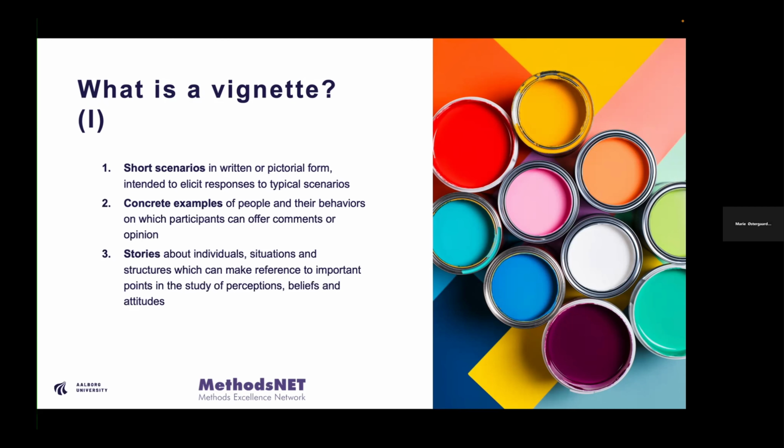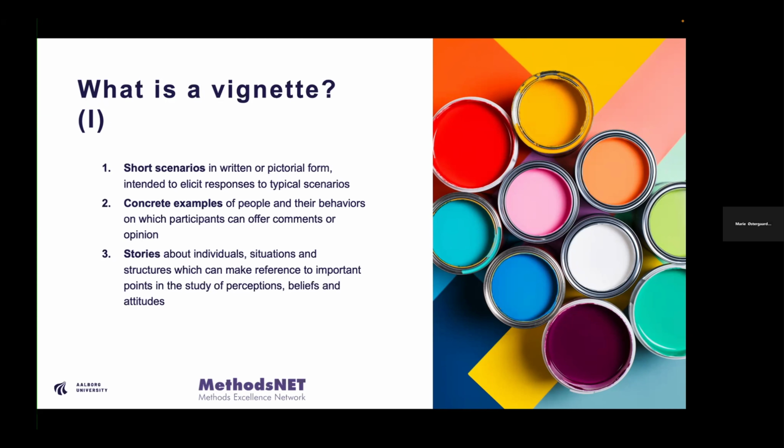So you can say that in terms of understanding a Vignette as a very short scenario, this is a definition which is very often used by quantitative researchers, because here the Vignette is seen as a tool to isolate impact of variables, basically.